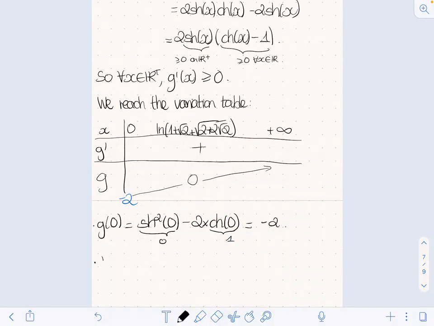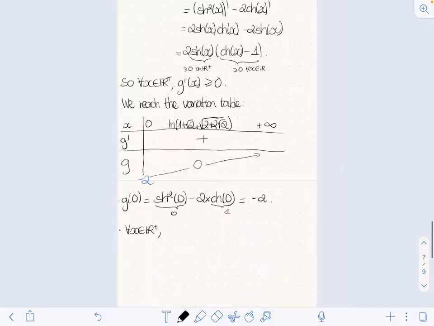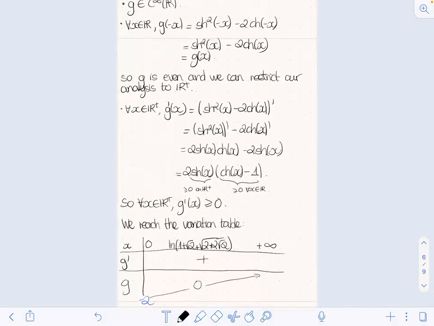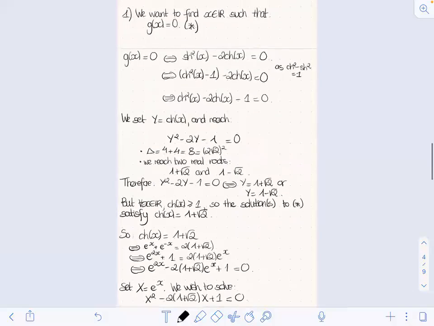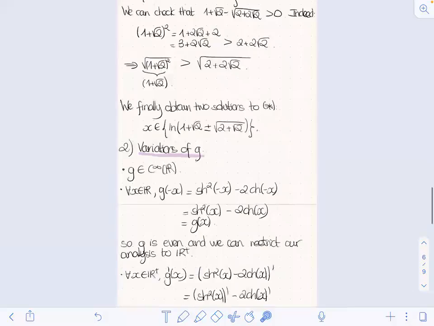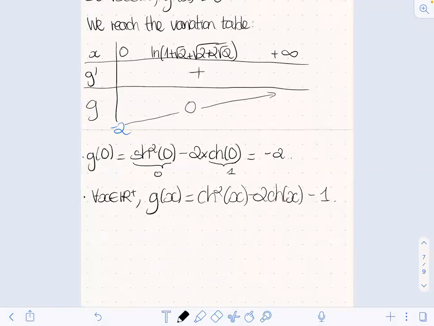One way of doing that is saying that for any x on R plus, g of x is equal to the expression that we used in the first question. So the one where we just have ch, and you'll see why it's nicer if you just have ch. So we have ch squared of x minus 2 ch of x minus 1. Okay.